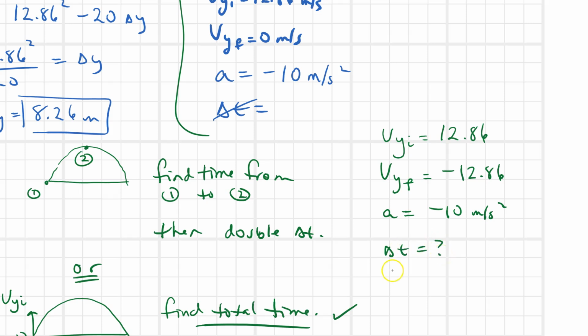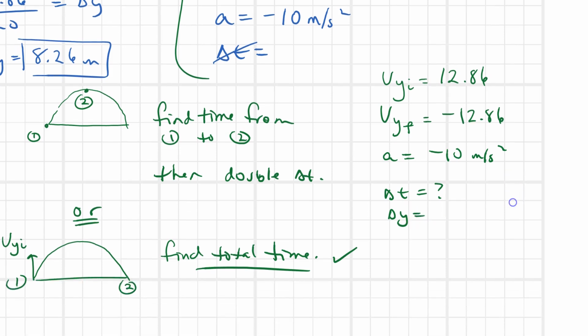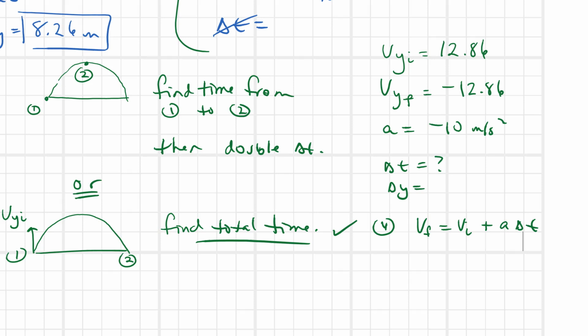So the one I'm not using is delta y. You probably will be using equation number 4. I think you have to. So the final velocity is equal to the initial velocity plus a delta t. So here we get negative 12.86 is equal to positive 12.86 minus 10 delta t.